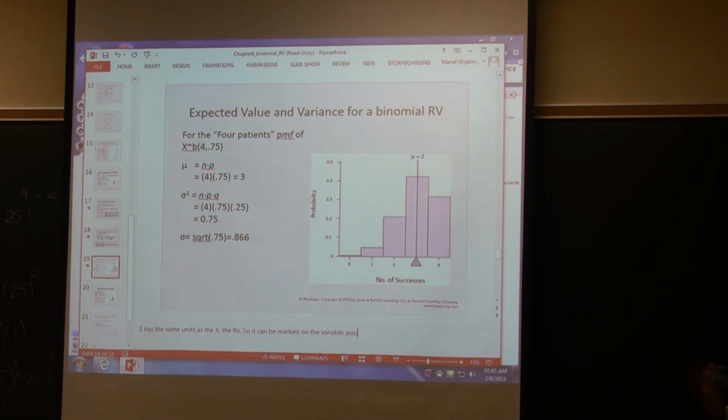Sigma squared, you cannot have squared inches on the inch axis, right? And then look here, so in here mu equals 3, that has the highest chance, which you expect.